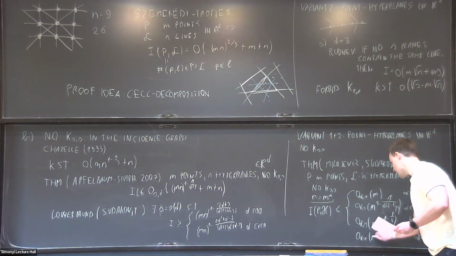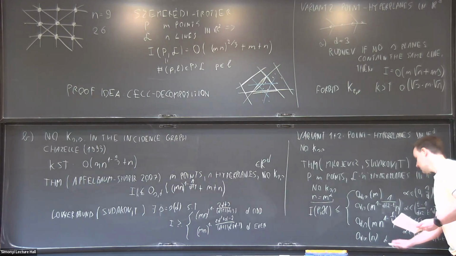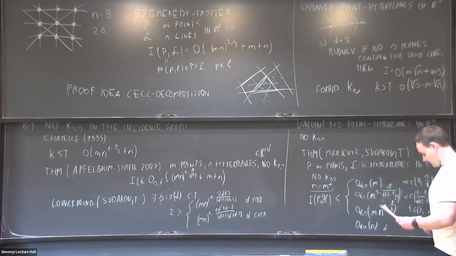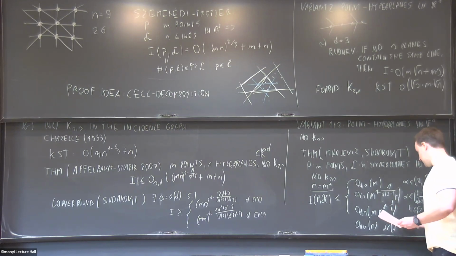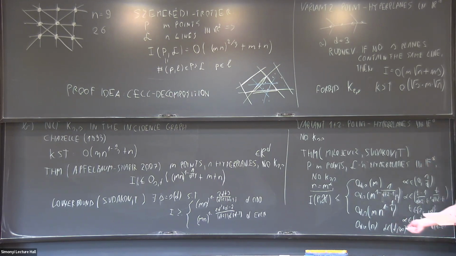And finally O_{d,s}(m) when m is much larger. So if alpha is, yeah, sorry, I thought I ran out of space. No, I write this, as when alpha goes to infinity.